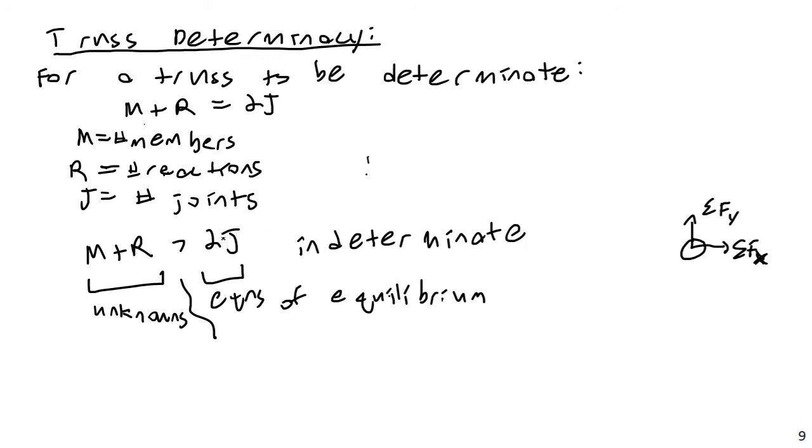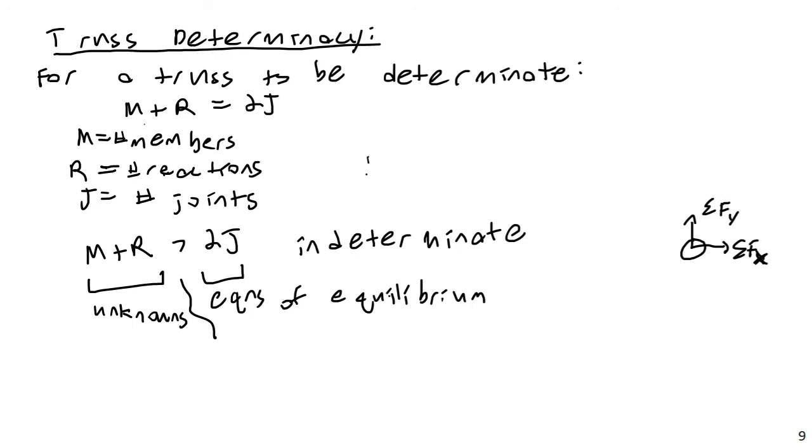While j is the number of joints, and each joint gives us two equations of equilibrium. So if m plus r is greater than 2j, our number of unknowns is greater than our number of equations, and we know from basic algebra that if the number of equations is less than the number of unknowns, then we cannot solve it.